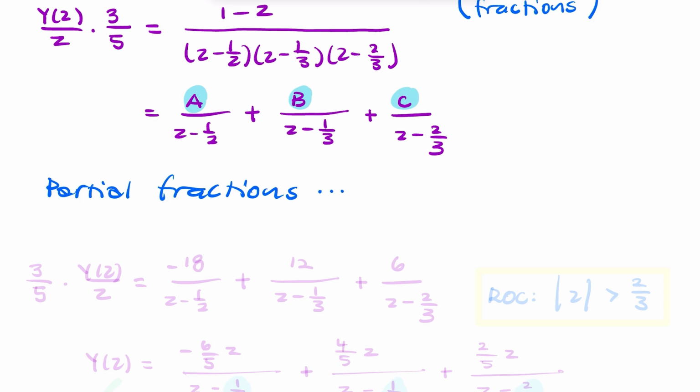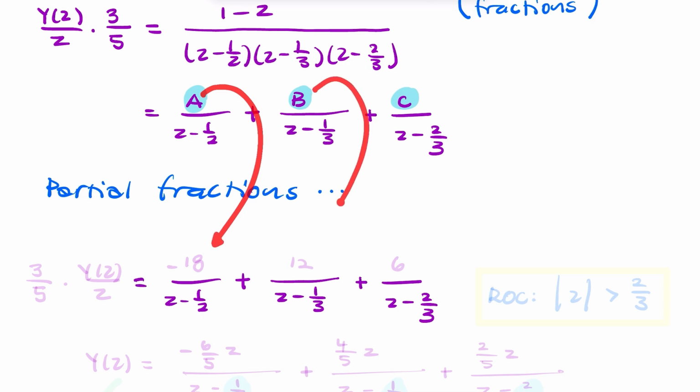And the answer looks like this. Negative 18, 12, and 6.